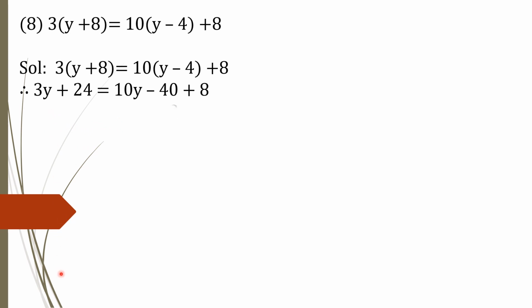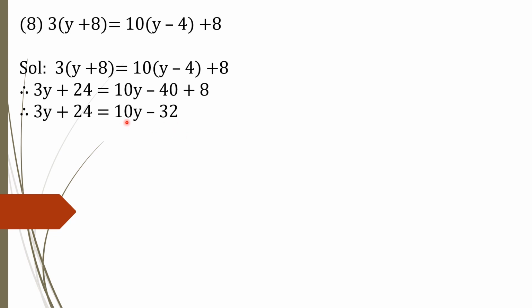Therefore 3y plus 24 equal to 10y minus 40 plus 8. Both are with different signs, so subtraction of the numbers will take place. So minus 40 plus 8 will give you minus 32.